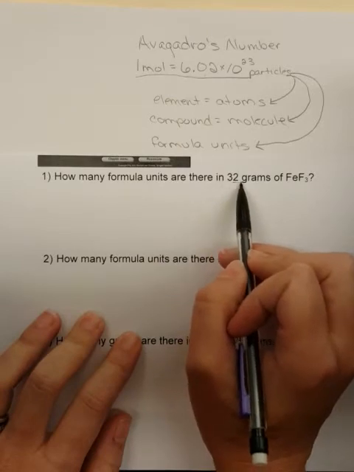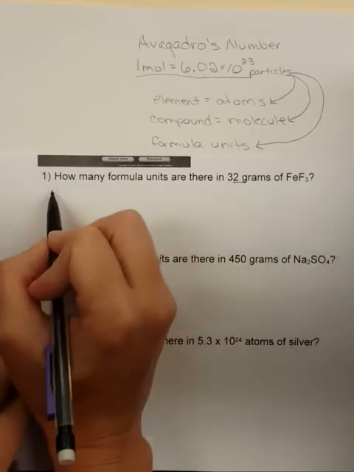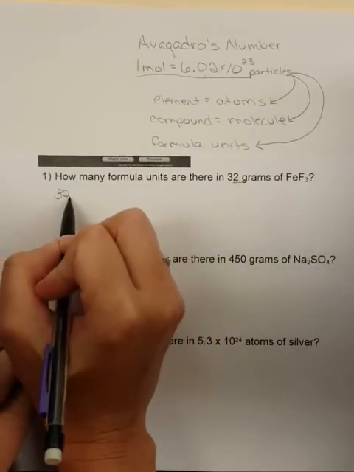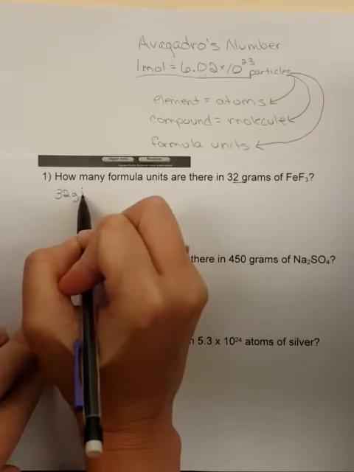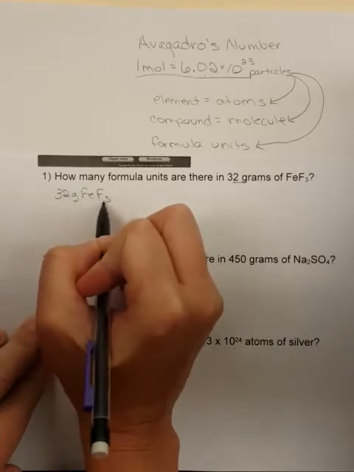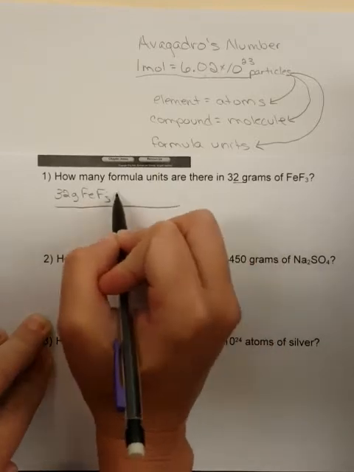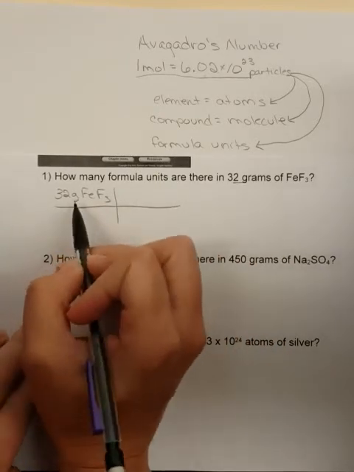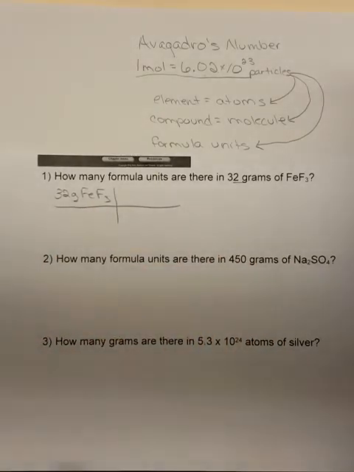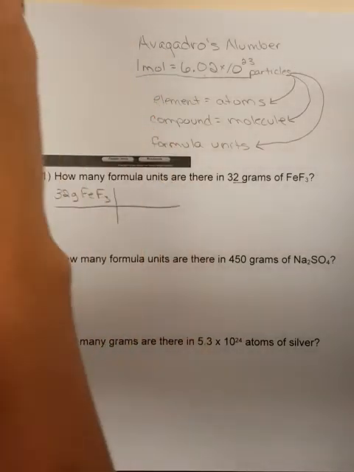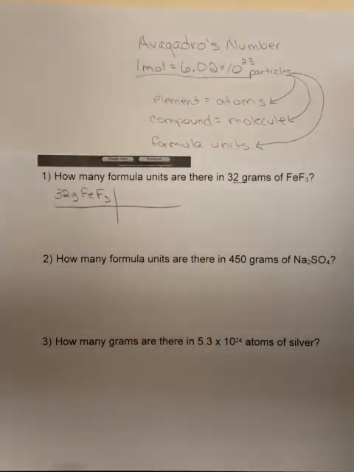We're still going to start with the number they gave us. So 32 grams FeF3. Right? We have units of grams. So you need to ask yourself, where can I find other values for grams for FeF3? The only answer for that is the periodic table.